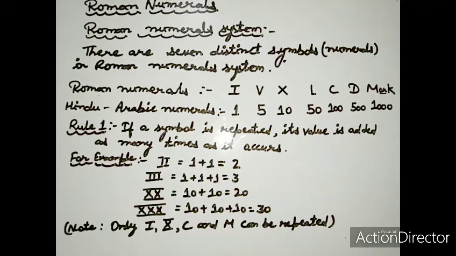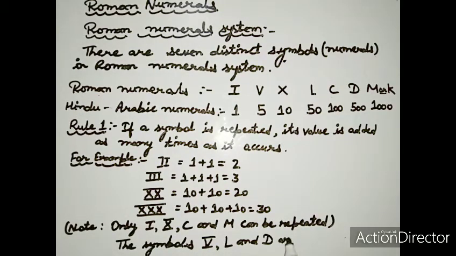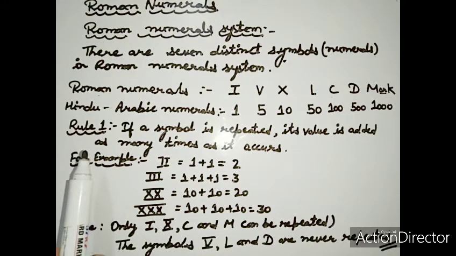V, L and D are never repeated. So this is the first rule which we use to write Roman numerals.